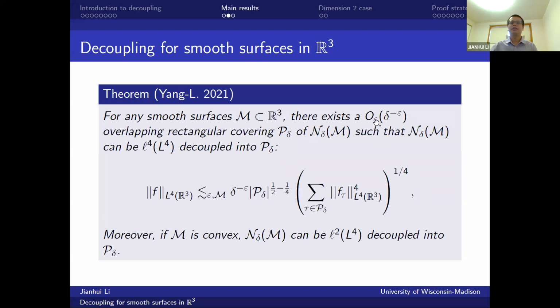Other than this, everything here is basically from the notation, from what we say, something can be decoupled into something. Okay, and then we have this inequality. And moreover, if it is convex, then we have the little L2. And we know that for the convex case, this is the best we can do, the best we can decouple. We can't decouple further. But for little L4, you may ask, can we do better? Yeah, it is possible, but we don't know. Okay, the techniques in these two cases are similar, and I will present them soon.